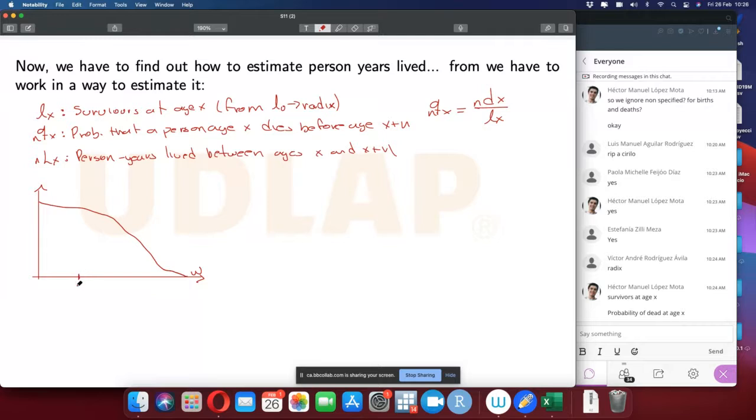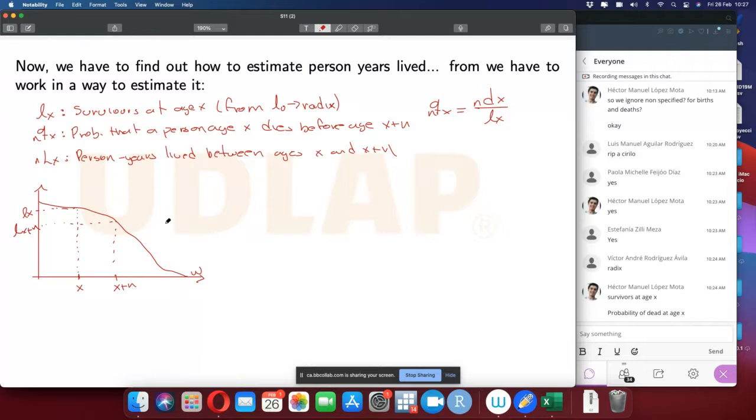And for lx and lx plus n, let's assume that I have these two, I can find Lx and I can find Lx plus n. Okay, so I have these two.